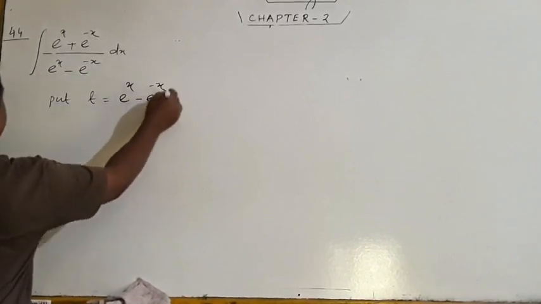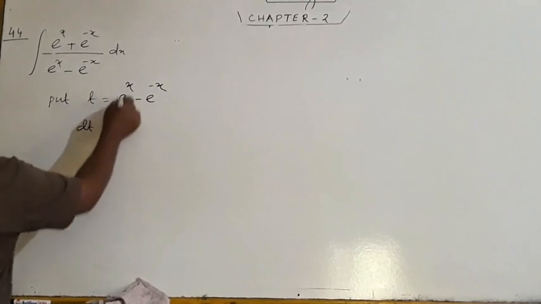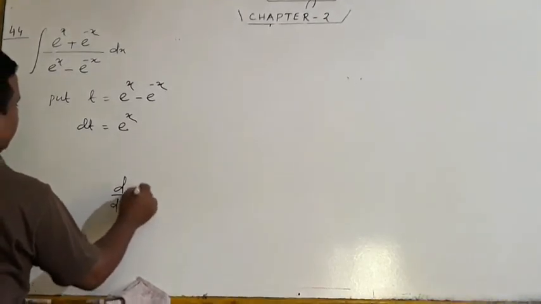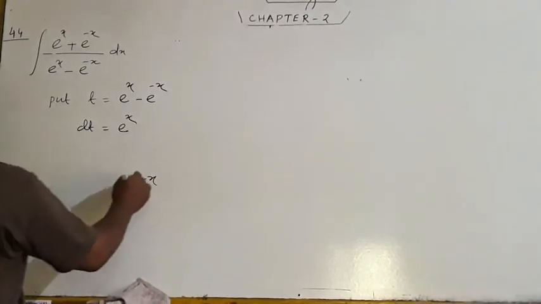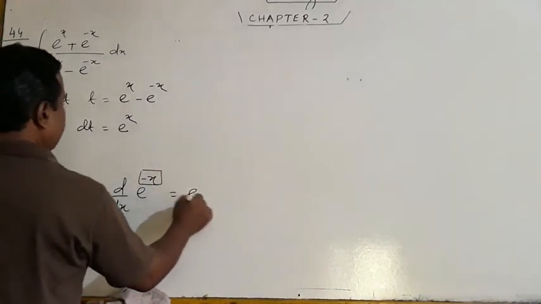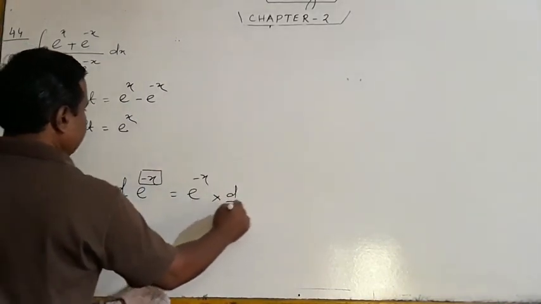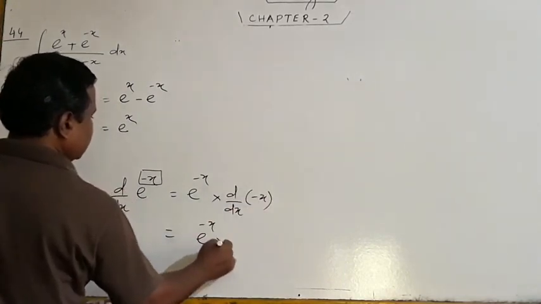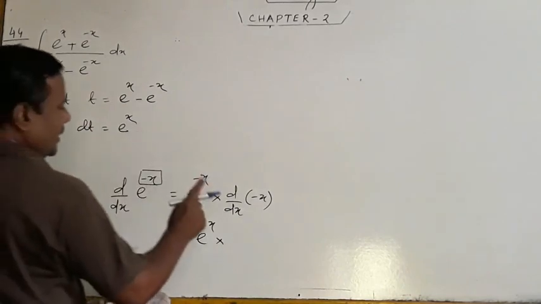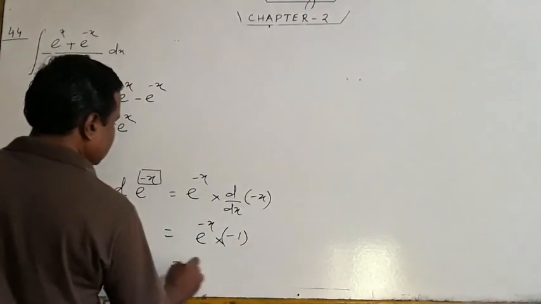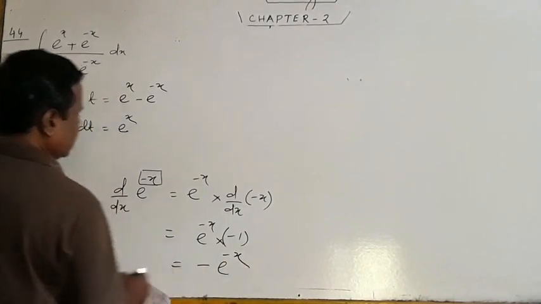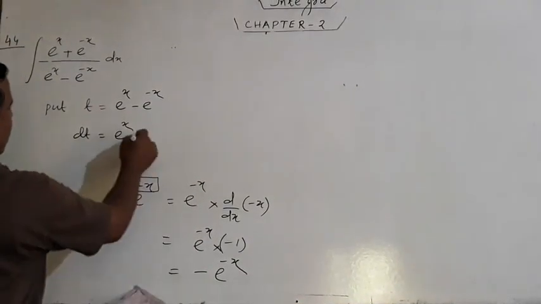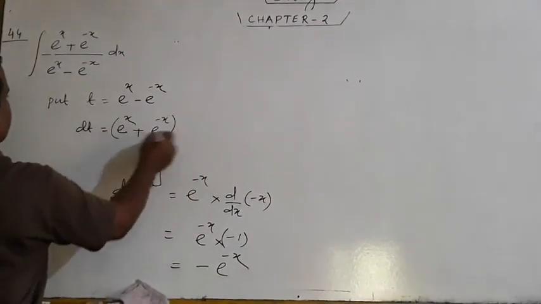Because its derivative dt: the derivative of e^x is e^x, and the derivative of e^(-x) is e^(-x) into the derivative of minus x, which is minus 1, so the answer is minus e^(-x). There is already a minus before it, so minus minus is plus, so plus e^(-x) dx.